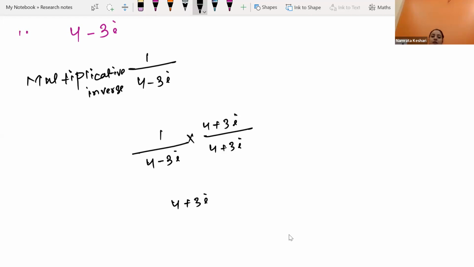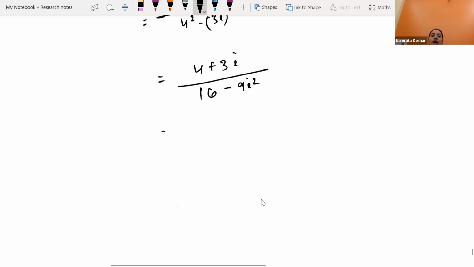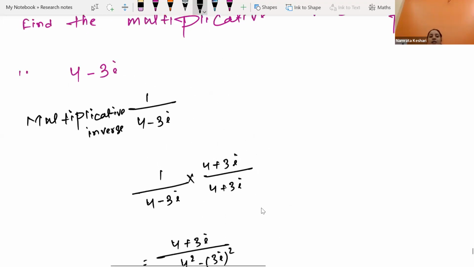In the denominator it became 4 square minus 3i whole square, which will be 16, and 3i square will be minus 9i square. Now i square we know is minus 1, so 16 plus 9 will be there, 25. 4 plus 3i will be there in the numerator, so it will be 4 by 25 plus 3 by 25 i. This is the final multiplicative inverse of 4 minus 3i.